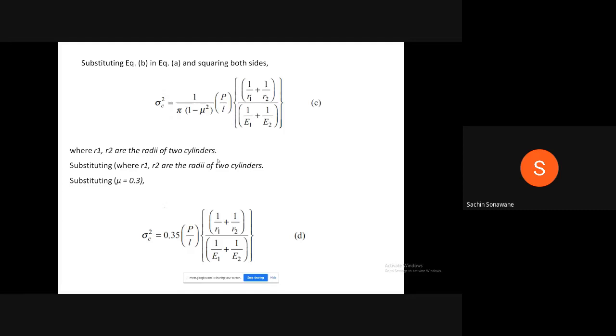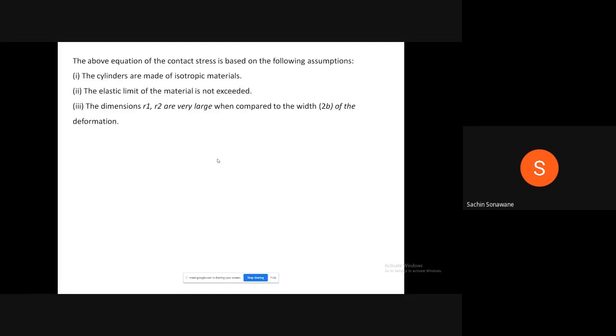Next slide. The above equation of the contact stress is based on the following assumptions. First, the cylinders are made of isotropic materials. Isotropic means the property of the material, meaning physical properties, remains the same everywhere.